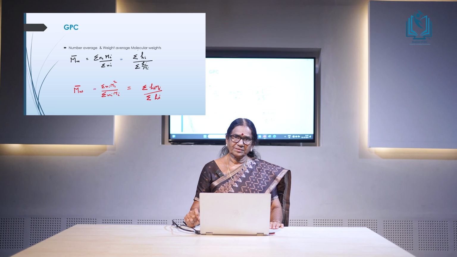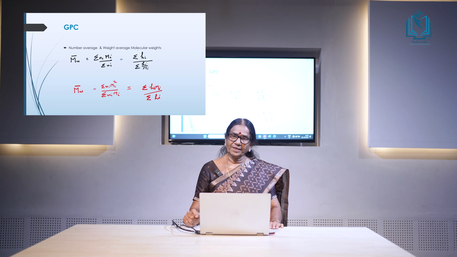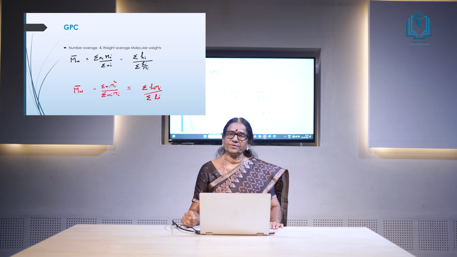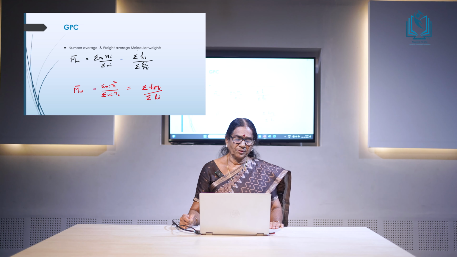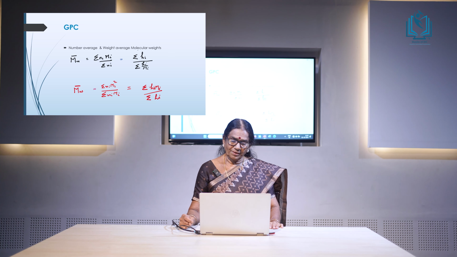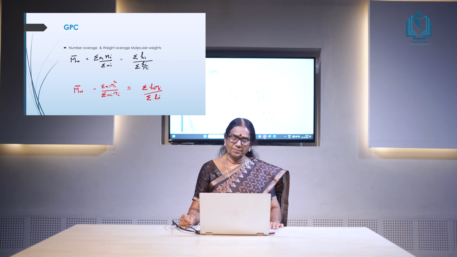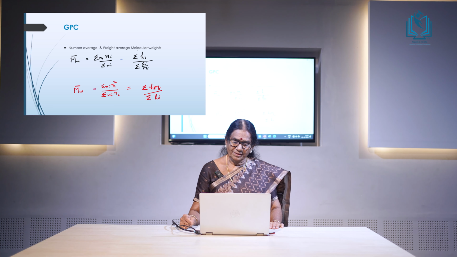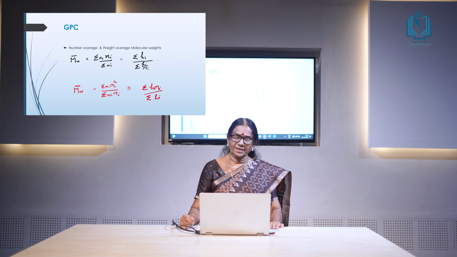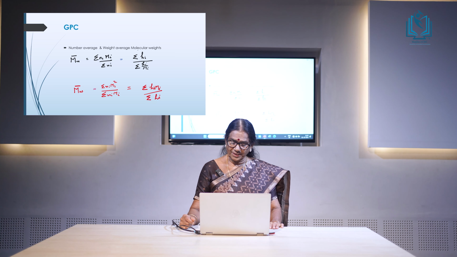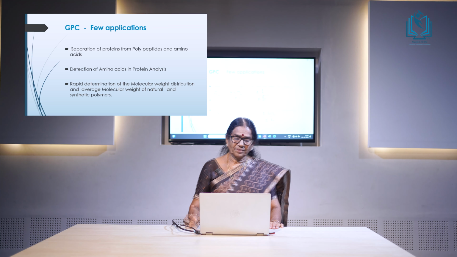Then Mi we know from the relationship between VE and M. Then the weight average molecular weight Mw bar is equal to sigma Ni Mi square by sigma Ni Mi, and that can be written as sigma Hi Mi by sigma Hi. So, we can calculate the number average and weight average molecular weight from GPC data.